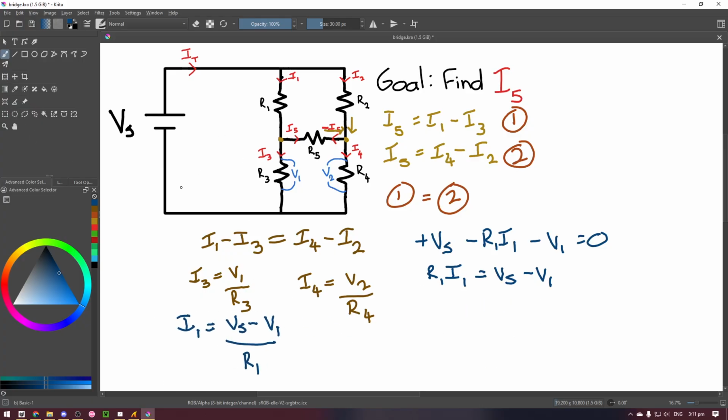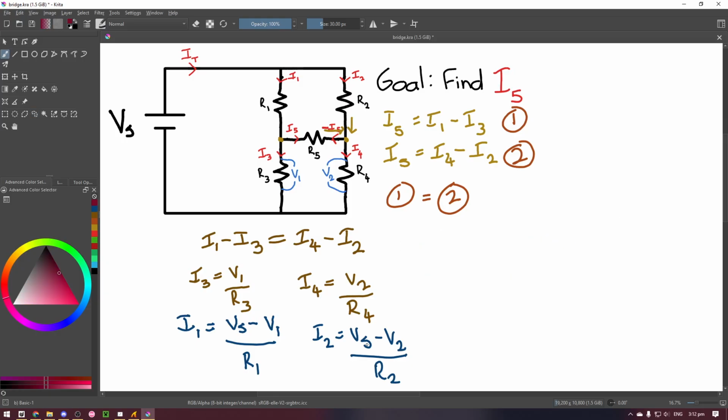We can do the same thing around this loop with R2 and R4 instead of R1 and R3 to get I2 is equal to voltage source minus V2 over R2. Now we can substitute all of these I values back into this original equation.